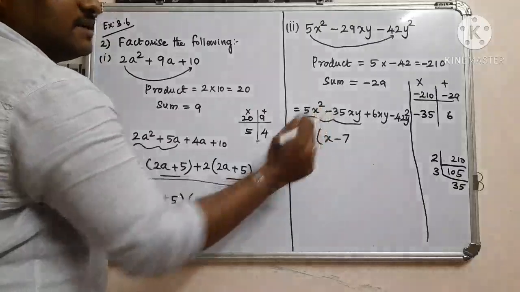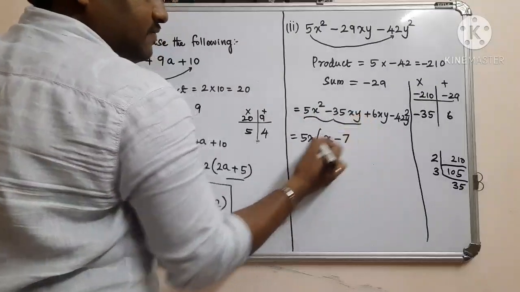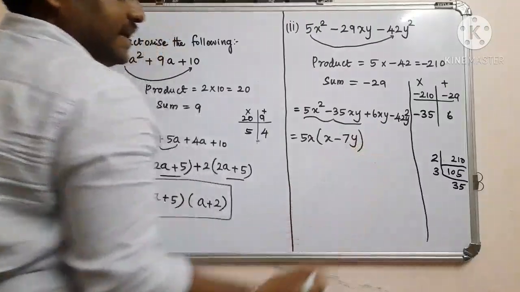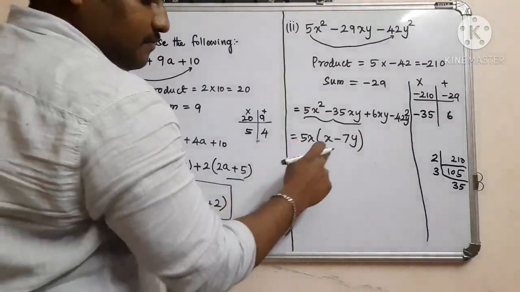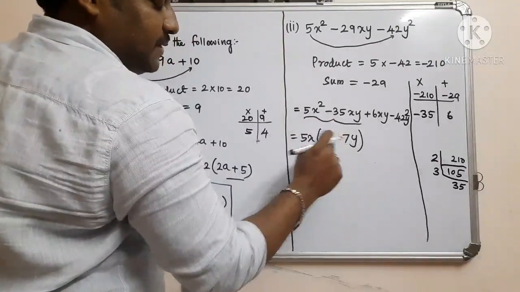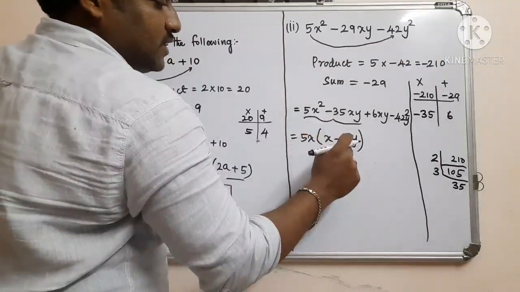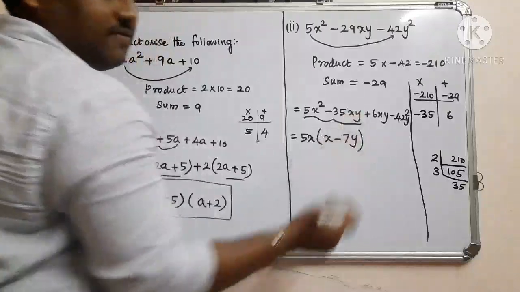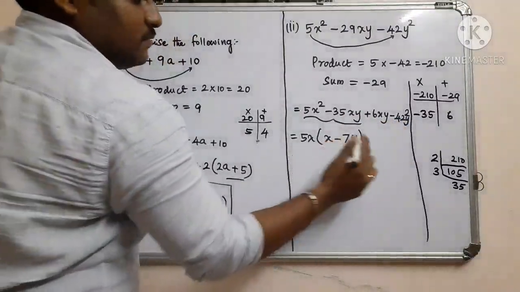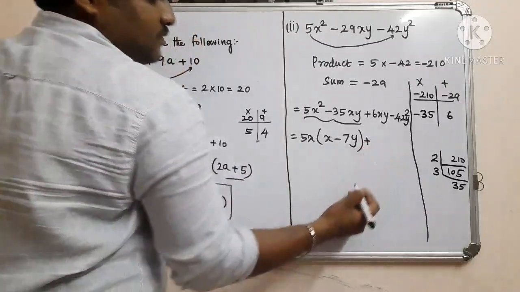So 5 7s are 35. X we take common, so the remaining term is y. So x minus 7y. Now you can multiply: 5x into x, 5x square, plus into minus minus, 5 into 7, 35xy. Here it is negative, so we have to take positive only.